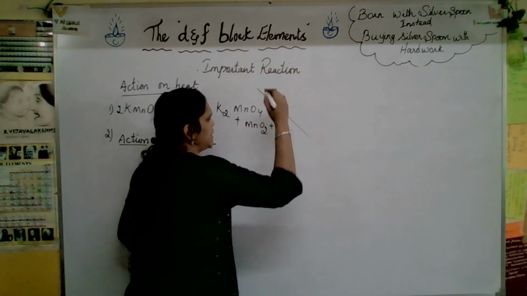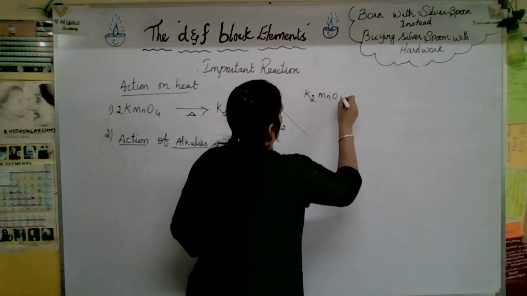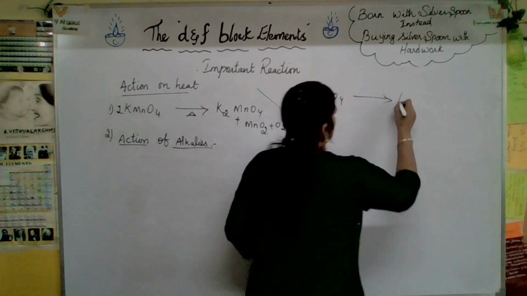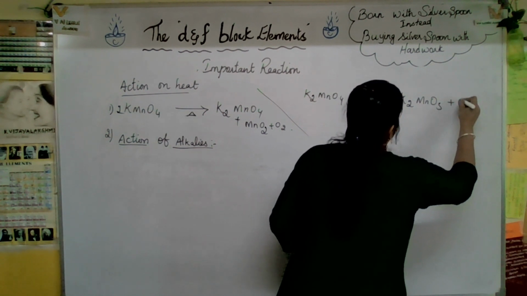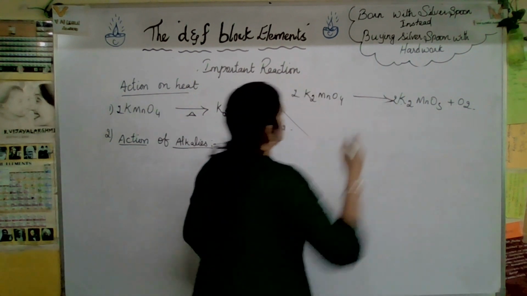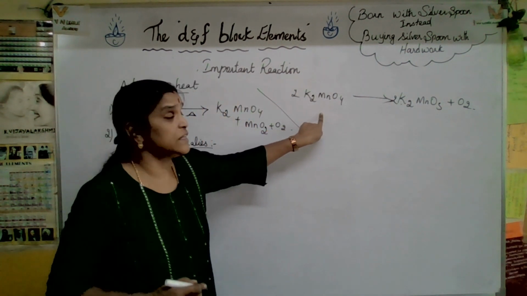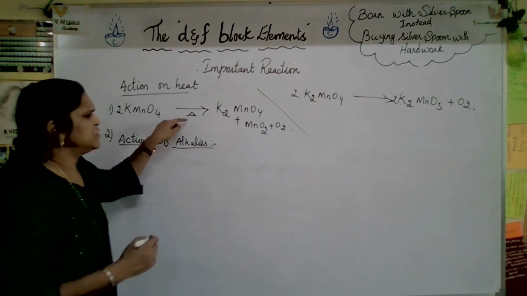Now again it decomposes: K2MnO4 decomposes to K2MnO3 plus oxygen. Right? So this is potassium manganate, and this is potassium manganite. Please remember that. Okay, now this is over.